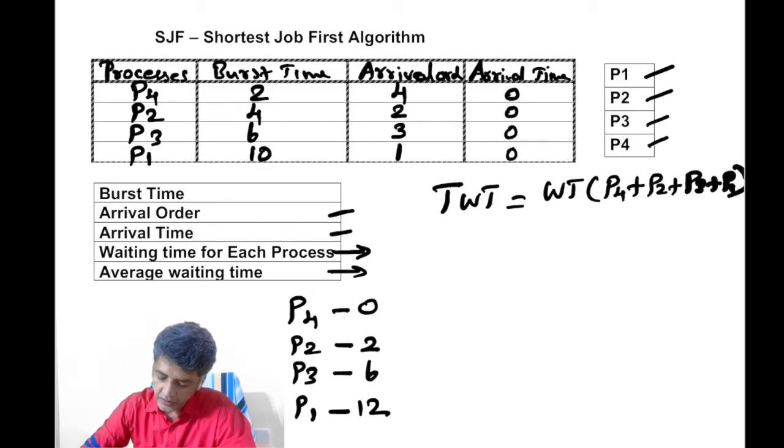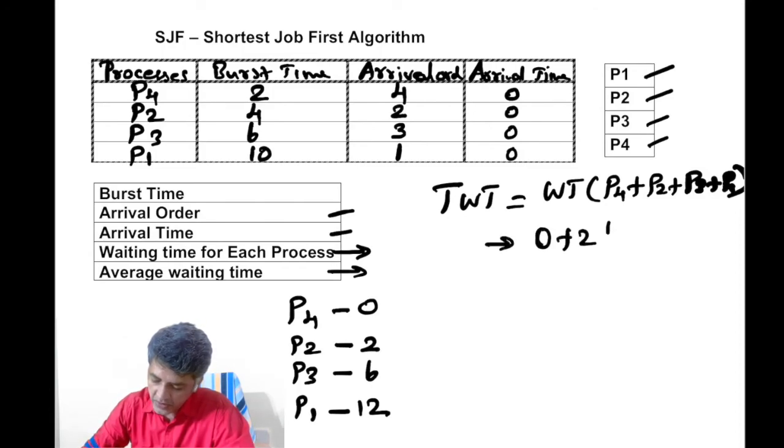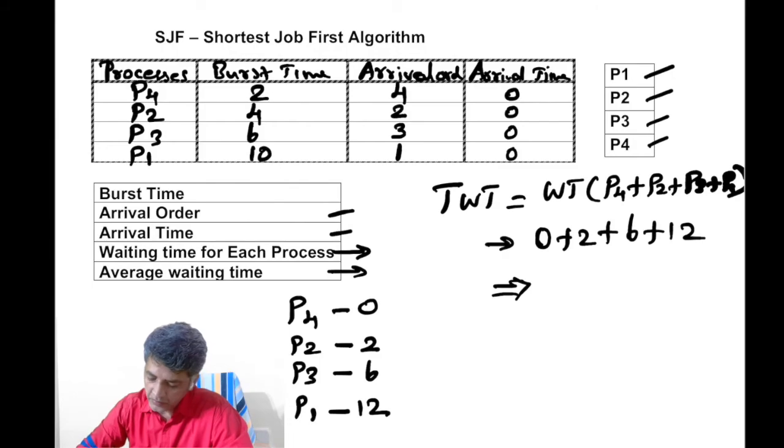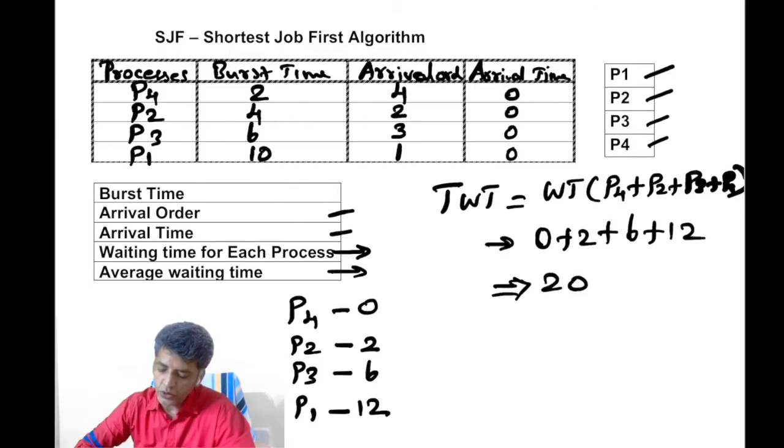So what will be the answer here? 0 plus 2 plus 6 plus 12. So how much will the total come to? It will come to 20. So 20 is the total waiting time.